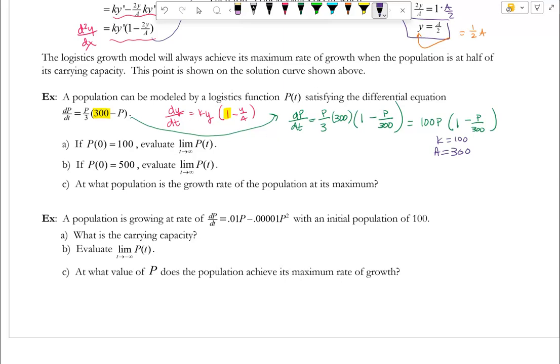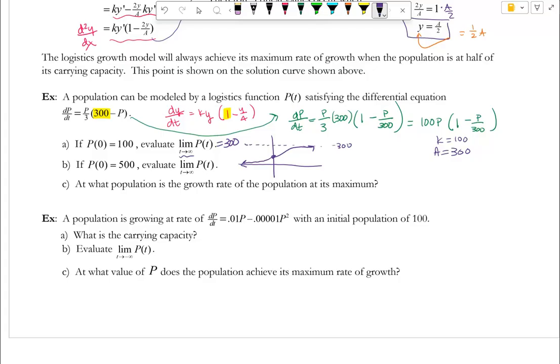So again, if I think about that curve, if here's my asymptote, if I pick a value to start at that's between 0 and my carrying capacity of 300, I know that to the right, I'm going to approach that asymptote, and to the left, I'm going to approach 0. So for question A, as t approaches positive infinity, we're looking to the right of the graph. The answer to this is just 300.